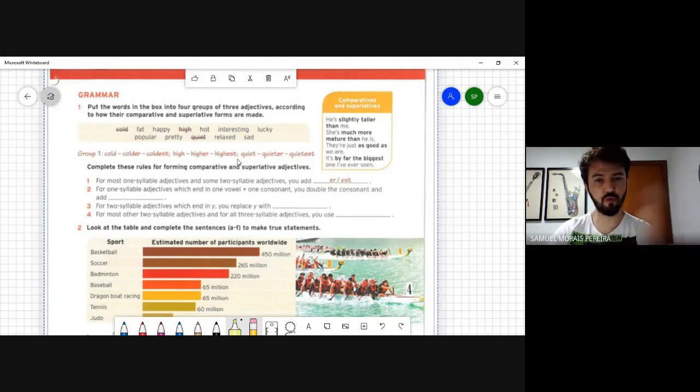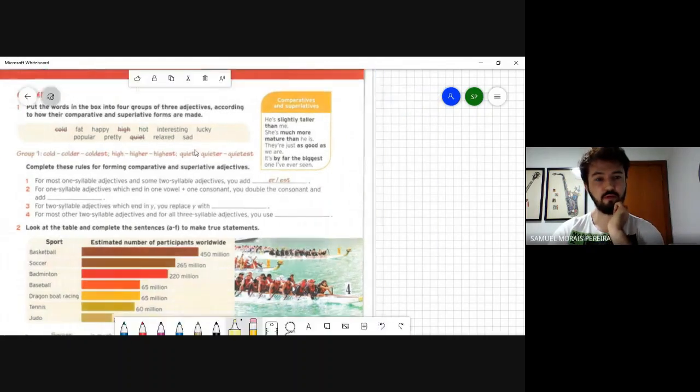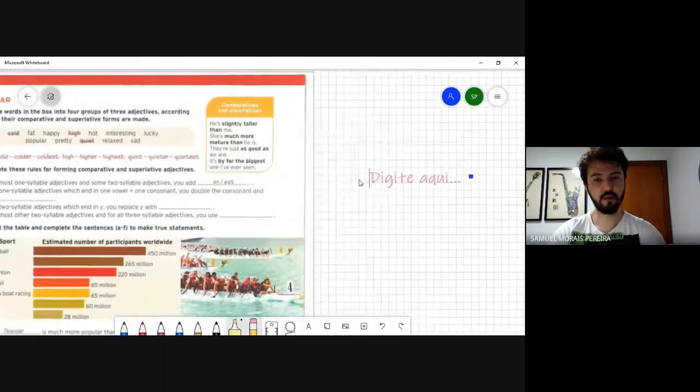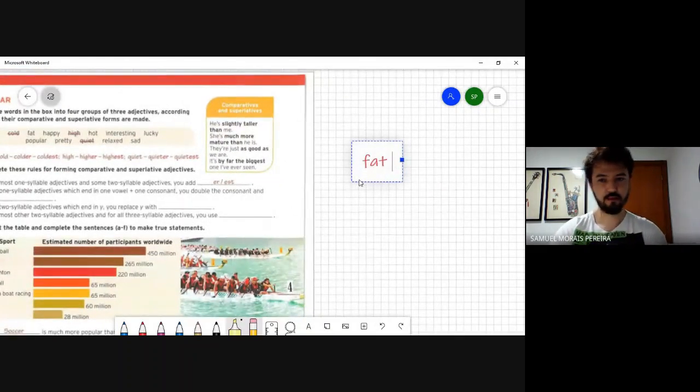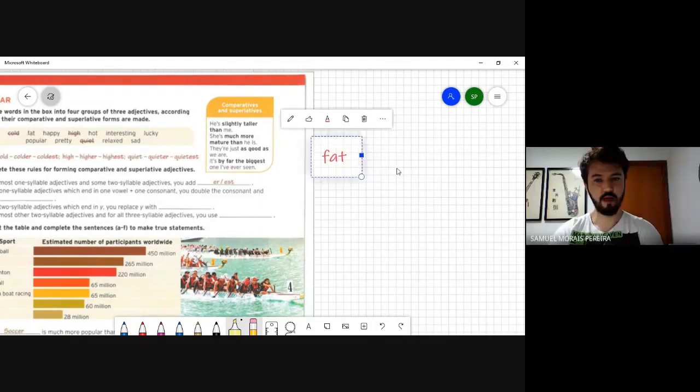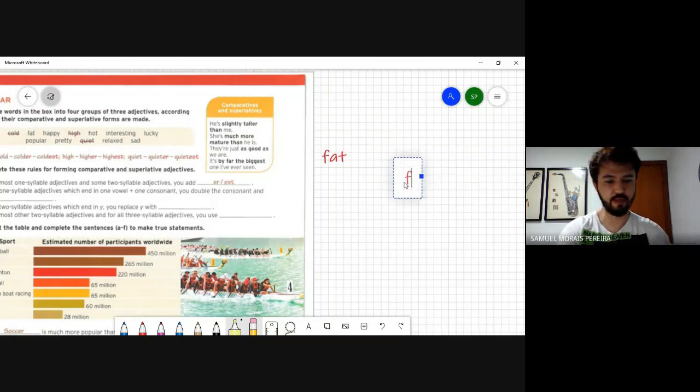E assim por diante, ó, quiet, quieter, quietest. Bom, aí vocês têm aqui, por exemplo, fat. Vamos fazer juntos aqui, ó. Fat, how do I say mais gordo que? Any volunteer?